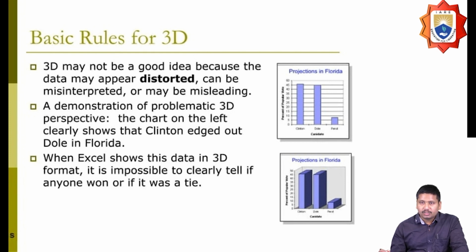Similarly, when Excel is used to show this data in 3D format, it is impossible to clearly tell which one is which. So the 3D graph is mainly not preferable, since the data gets distorted and it is problematic for the audience to identify the correct value.